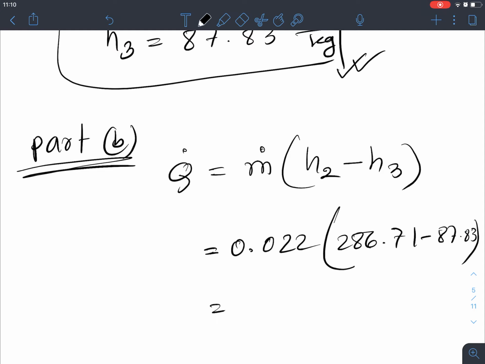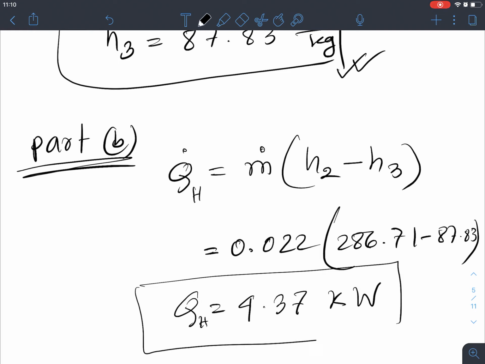So it would be 0.022 times 286.71 minus 87.83, which is 4.37 kilowatt. That's the heating load, or the heating effect.